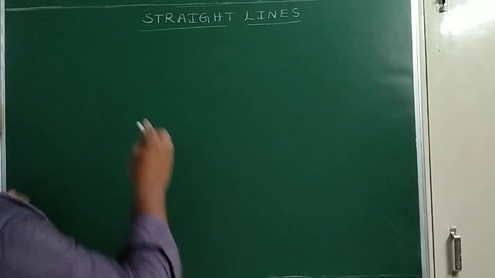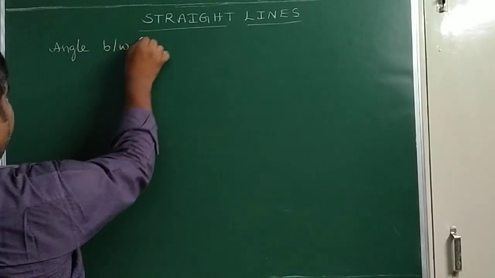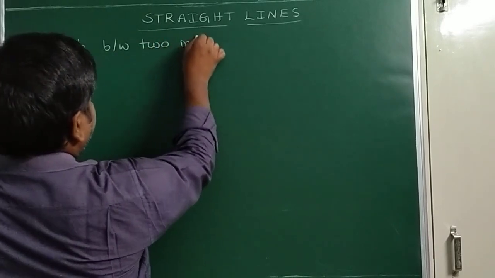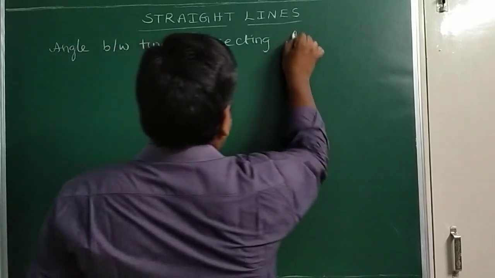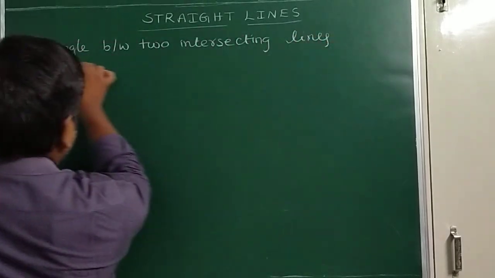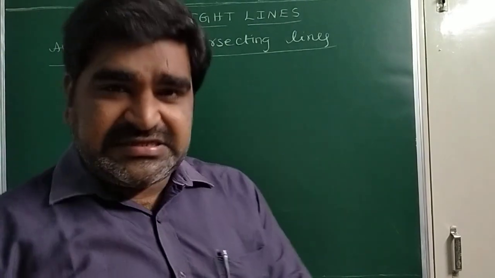Now the next concept is the angle between two intersecting lines.